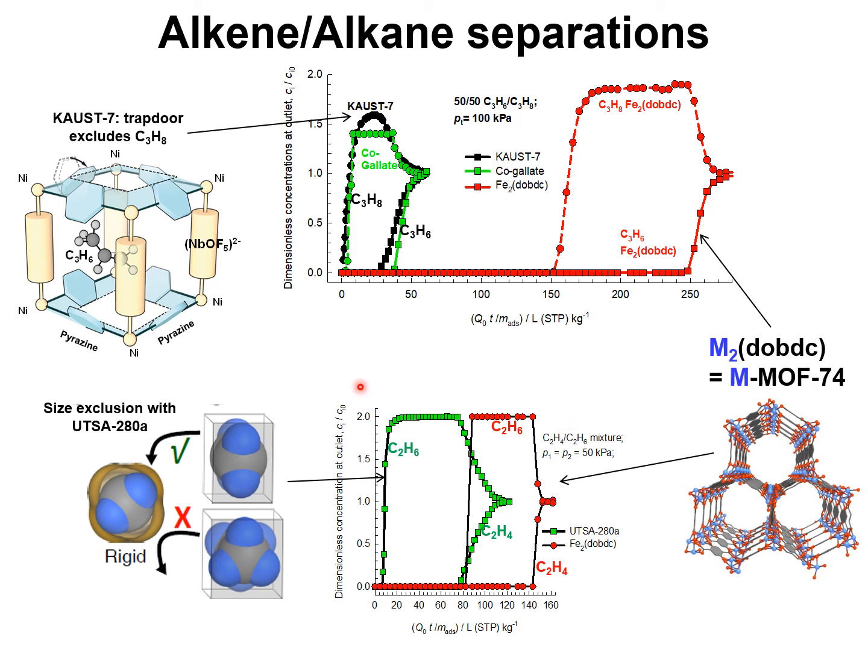The situation with regard to separation of ethene-ethane mixtures is precisely analogous. The use of iron MOF 74 results in the breakthrough shown here with the red circles.